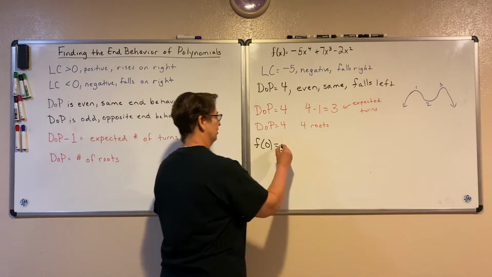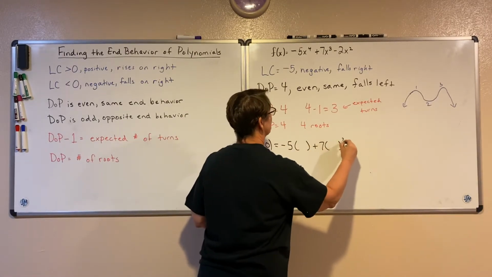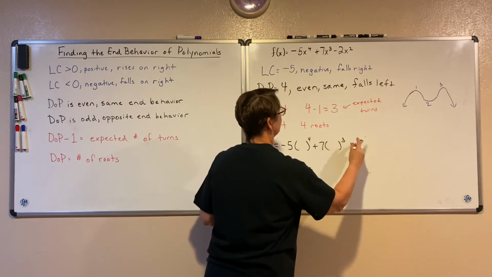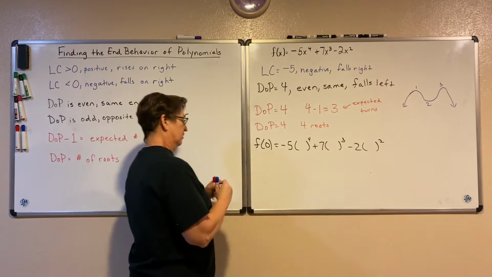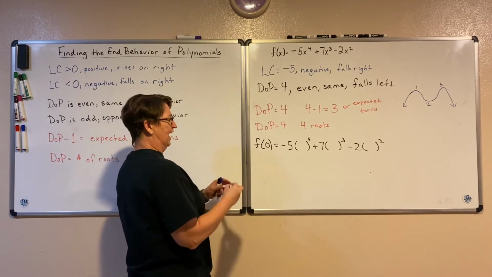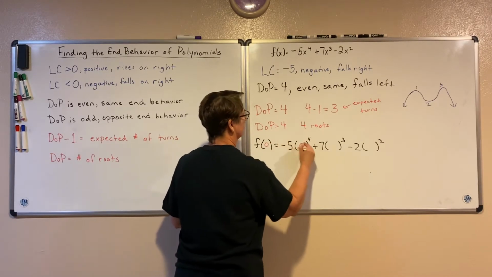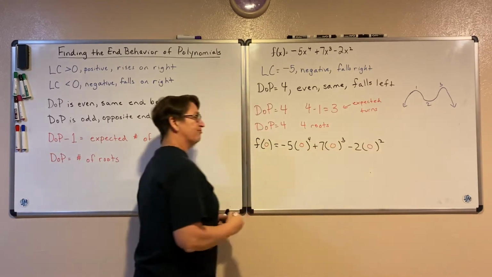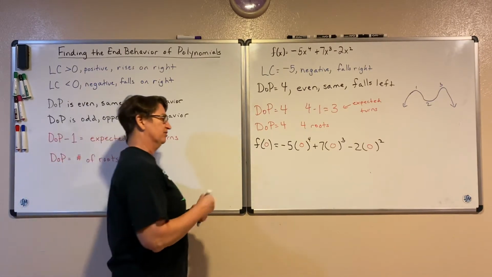I'm going to input 0 everywhere I see x, and find out what my y value is when my x value is 0.